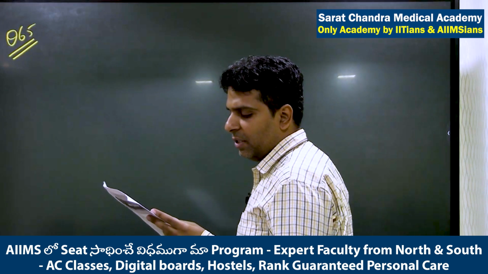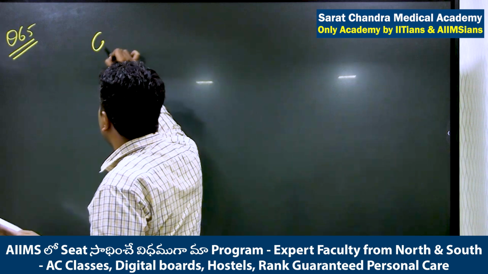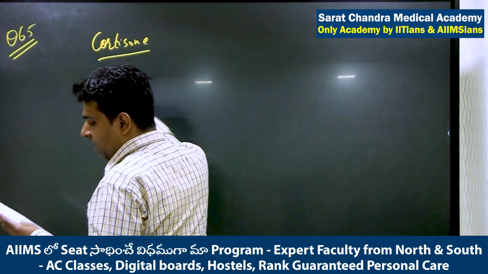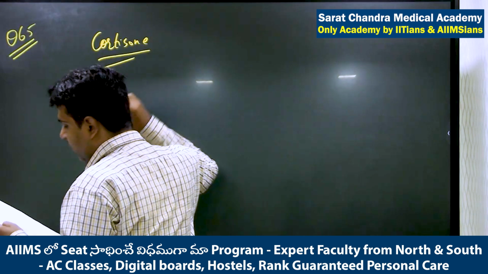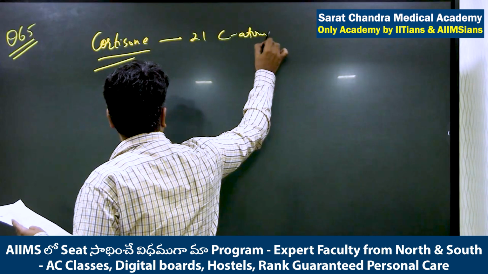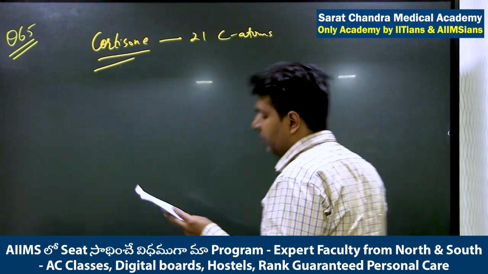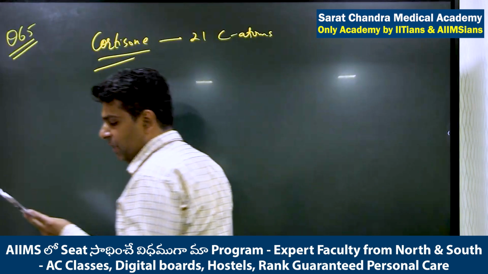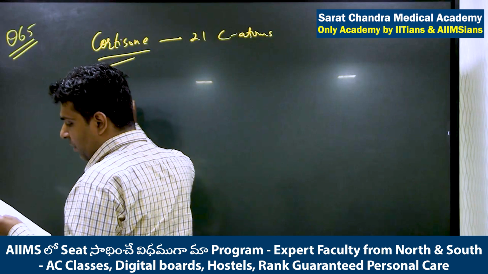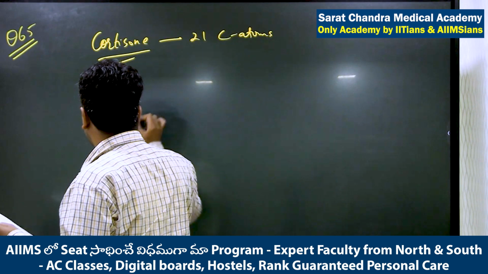Cortisone is a molecular substance containing 21 atoms of carbon per molecule. So cortisone is there, that is having 21 carbon atoms per molecule. The mass percentage of carbon in cortisone is given. So how do you find out percentage composition?